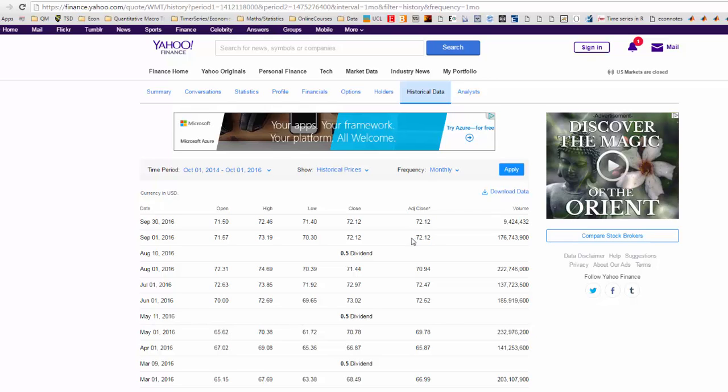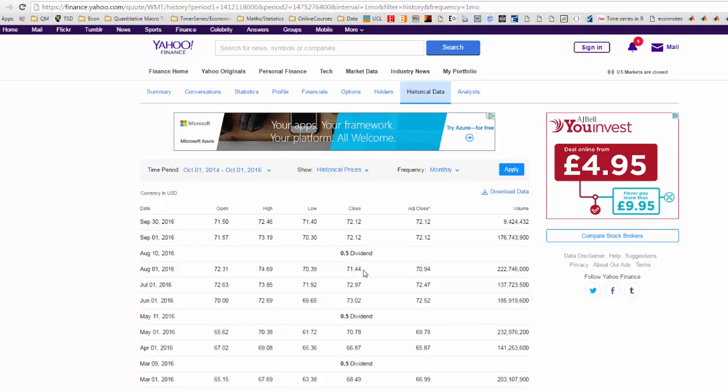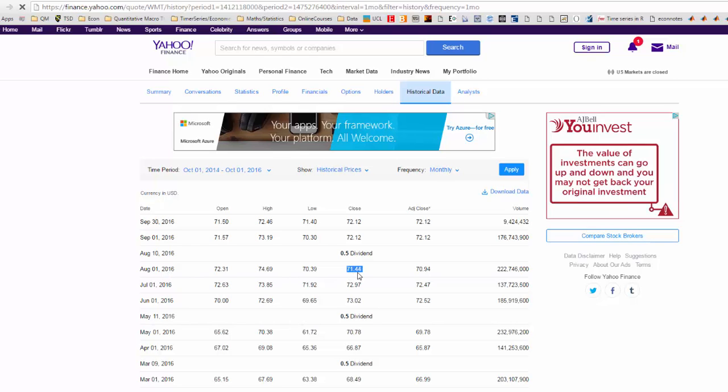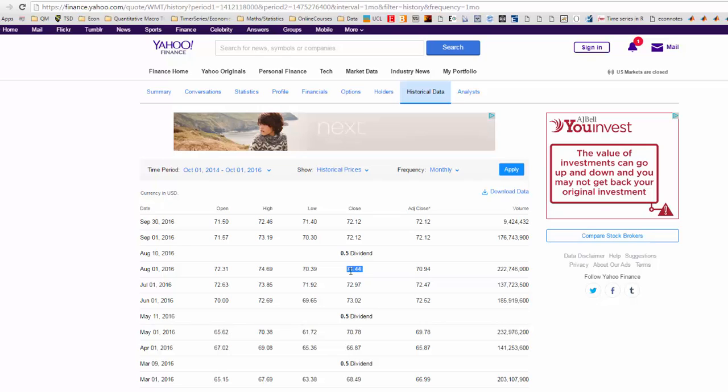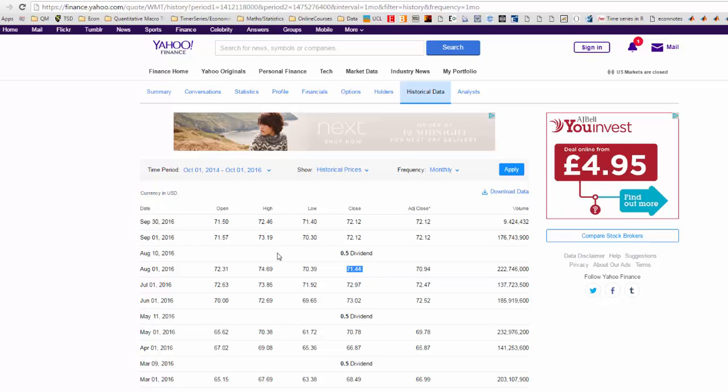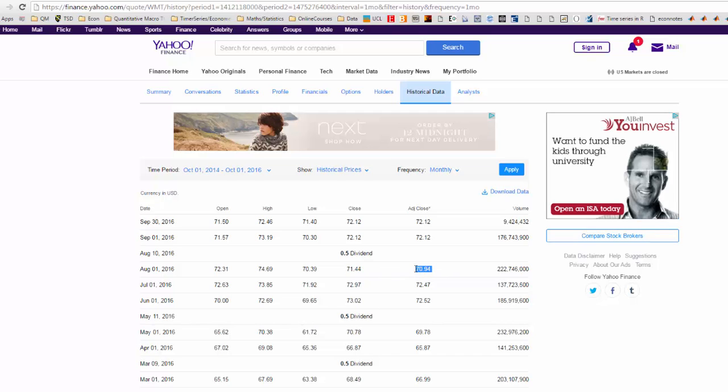You could see the difference as well. You see the closing price on the 1st of August 2016 was this much, and the dividend is paid on the 10th, so this is really interesting. We have an adjustment here, so the closing price doesn't match the adjusted close, and it actually doesn't match in many cases.